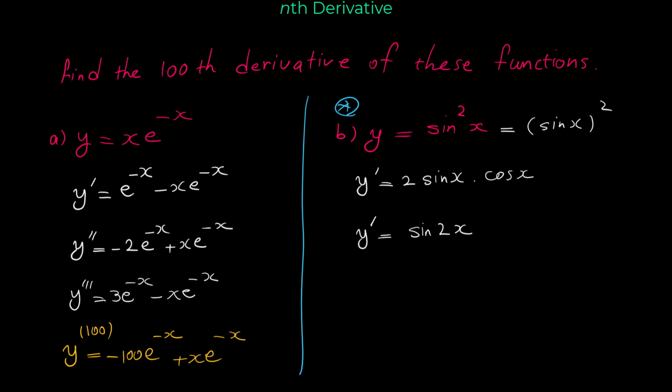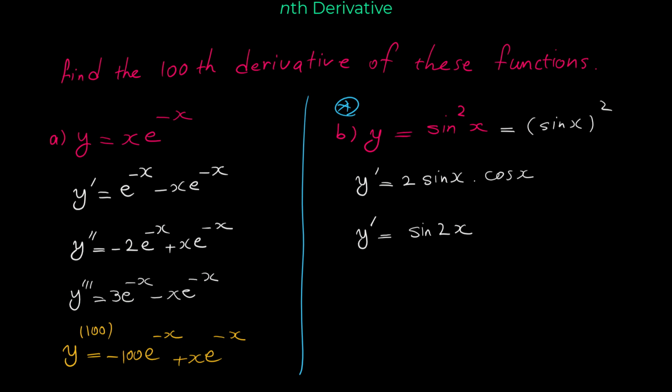How many more times do we have to take the derivative? 99 times, because we have already taken the derivative once. So the question is: what would be the derivative of sine of 2x if we take the derivative 99 times?